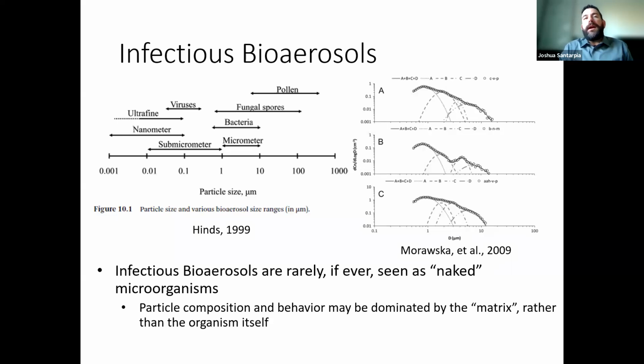So I think it's an important concept to think about when you're thinking about size. How important is it that SARS-CoV-2 is 70 to 150 nanometers? Well, it's important in that it can fit into the smallest of our respiratory emissions.